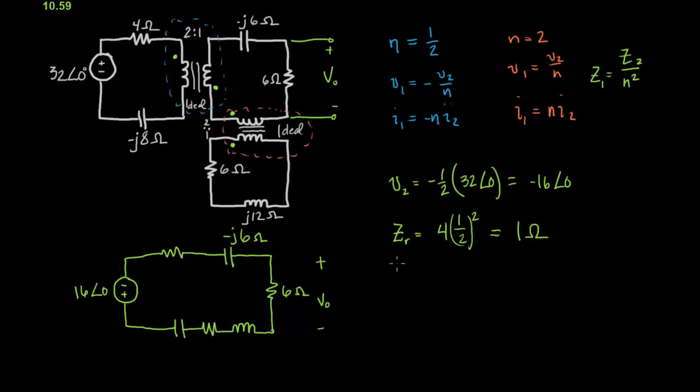Okay, and then the capacitor equals minus J8 times 1/2 squared, and that simply equals minus J2. Okay, so this is 1, and this is minus J2.